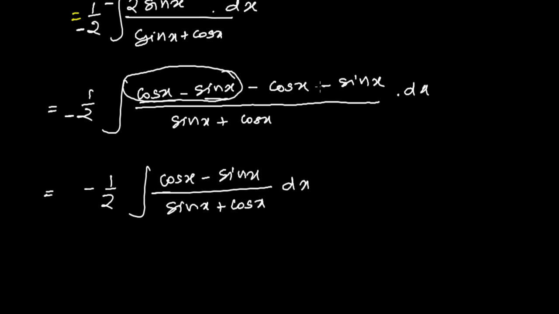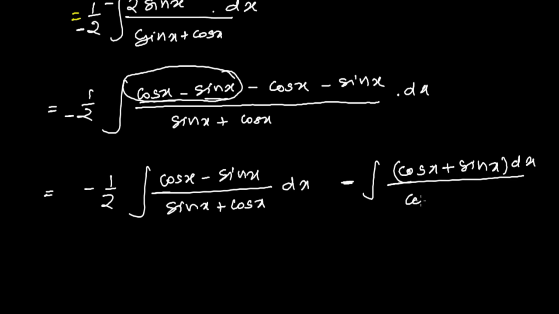Now here is also minus, here is also minus. All right, so I'm gonna take negative as common, and this minus will again multiply this. Let me first show you that when I take negative common, then I will get cosine of x plus sine of x dx divided by sin x.